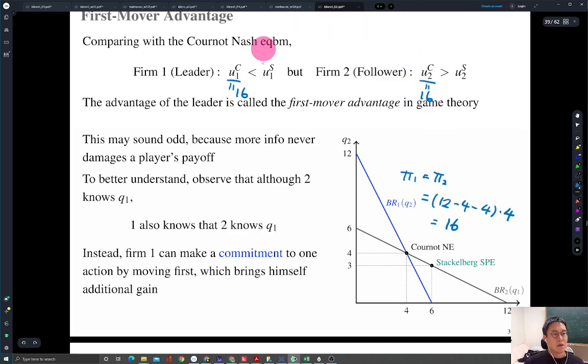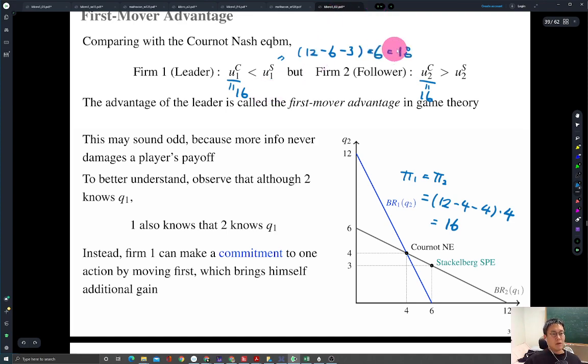But in the Stackelberg game, if we compute firm 1's, the leader's, profit, it is going to be 12 minus... firm 1 produces 6 units and firm 2 responds with 3 units. So the market price is going to be 3. Because firm 1 produces 6 units, his profit amounts to 18.